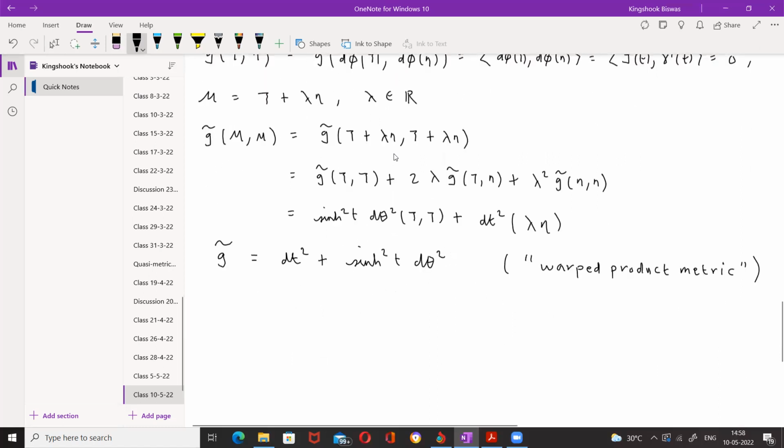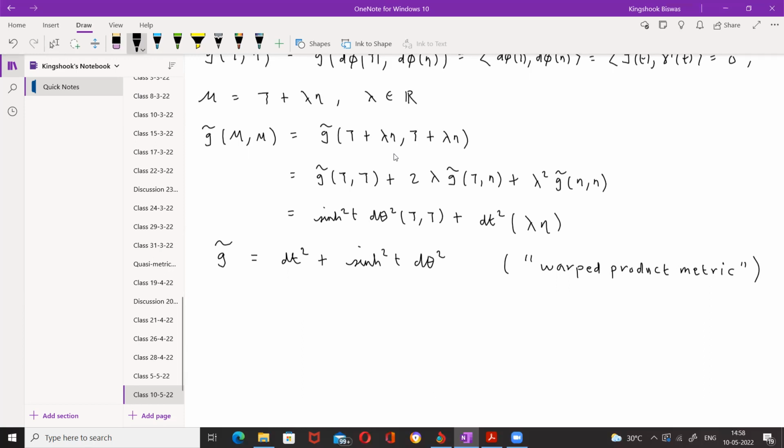The dθ squared is the metric on the sphere, and you're multiplying it by the function sinh squared t. The dt squared is in the perpendicular, radial direction, and dθ is the spherical, angular coordinate. So in the angular direction, you're multiplying the spheres by sinh squared t. Does this make sense?